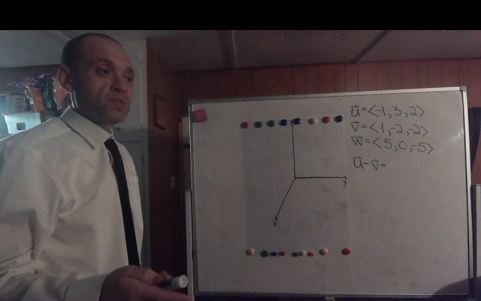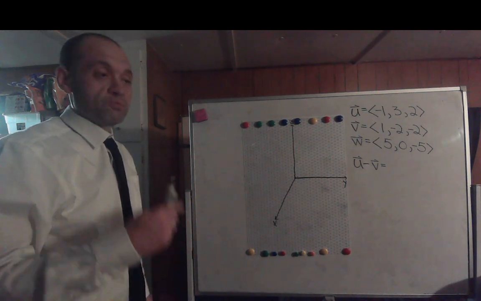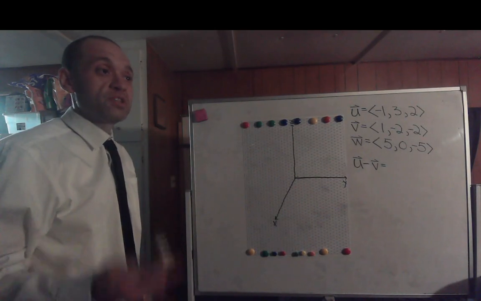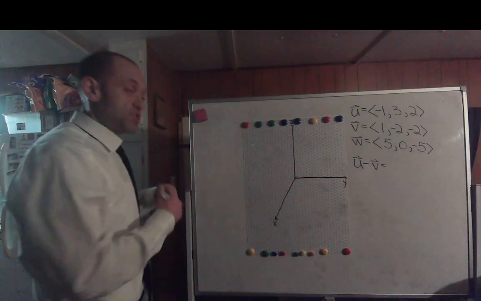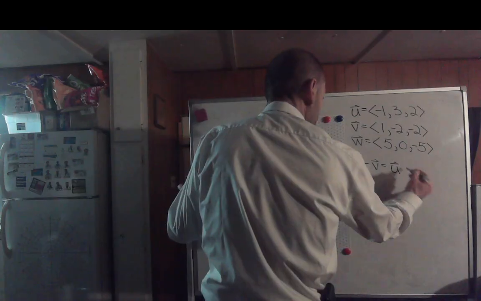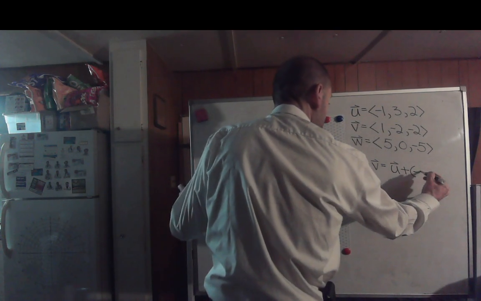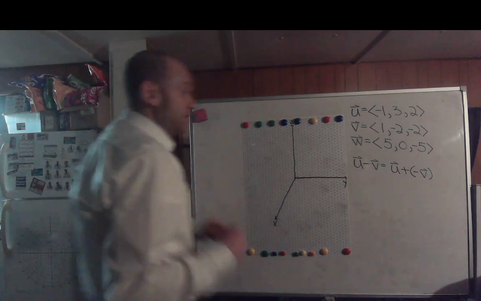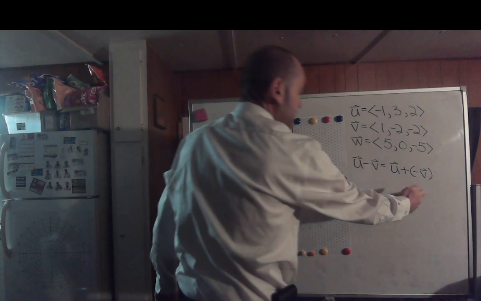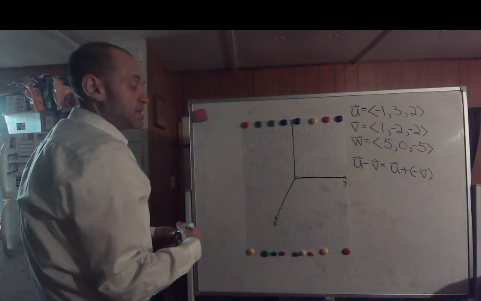Isn't it true that if you subtract two numbers, that's the same as adding the negative of the other number to the first number? So really and truly what this is the same thing as is taking vector u plus the negative of vector v. That's the exact same thing. That's really how you do vector subtraction, is you add the negative of vector v to it.